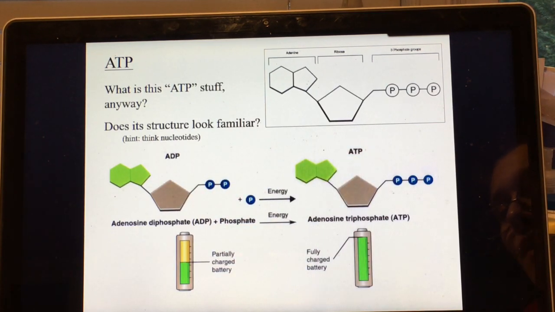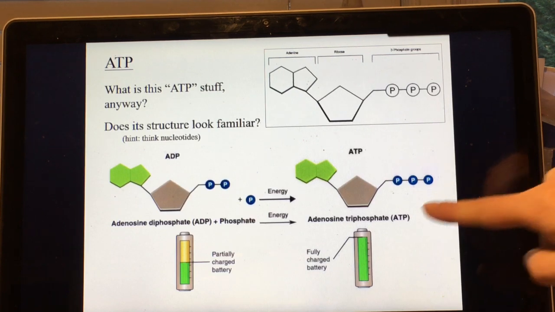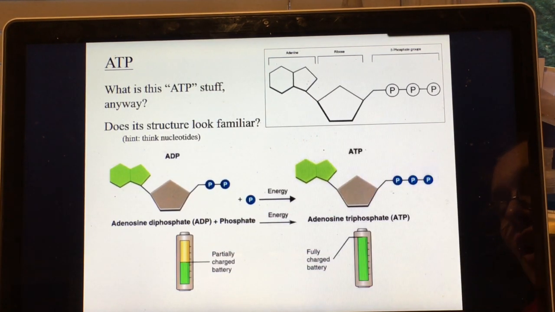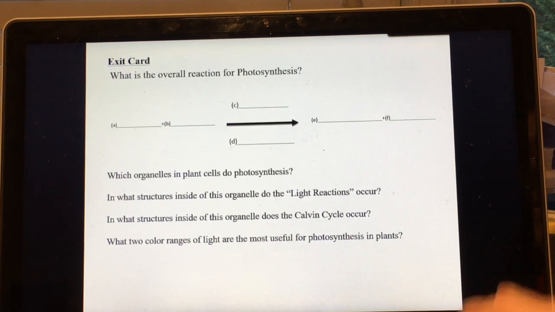It's sort of like a rechargeable battery, and ATP is the charged version, and ADP is the uncharged, or partially charged, version. And so there's a constant recycling. Whenever energy is needed, the cell will make ATP and then use ATP to do work.